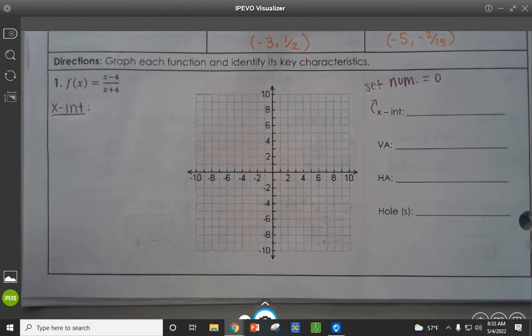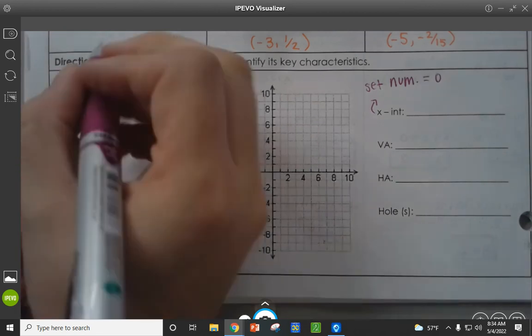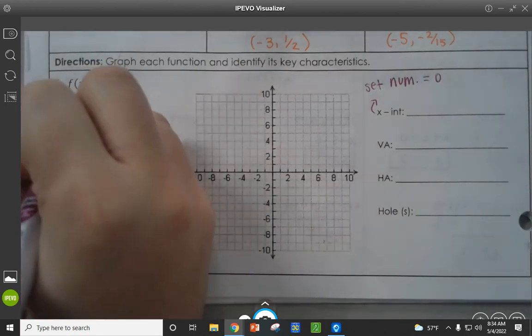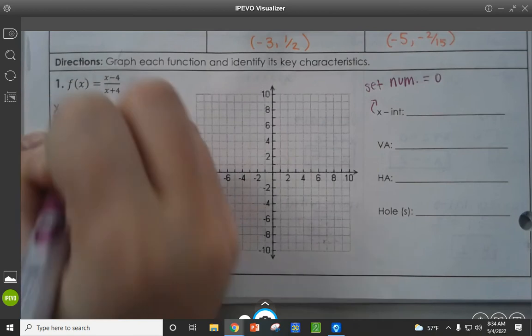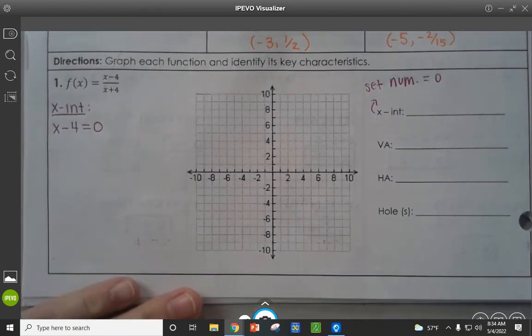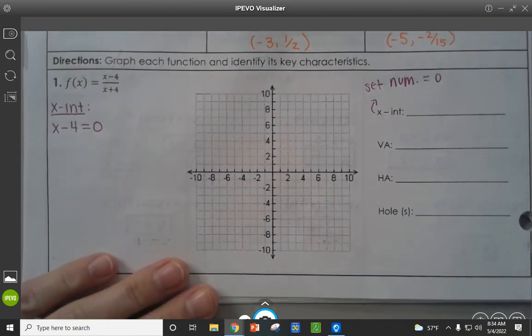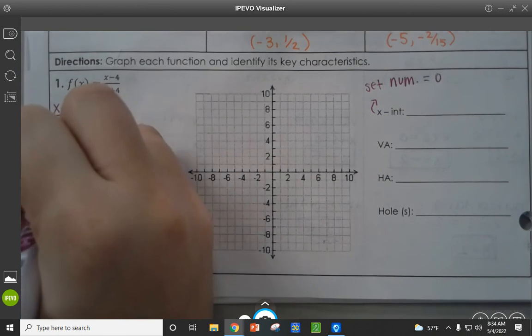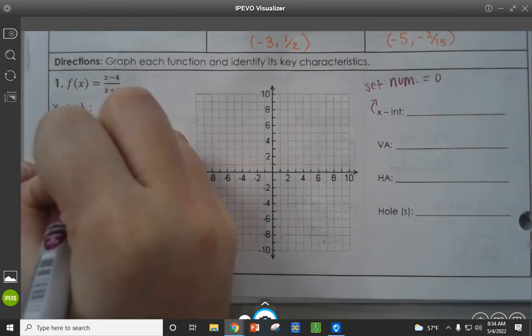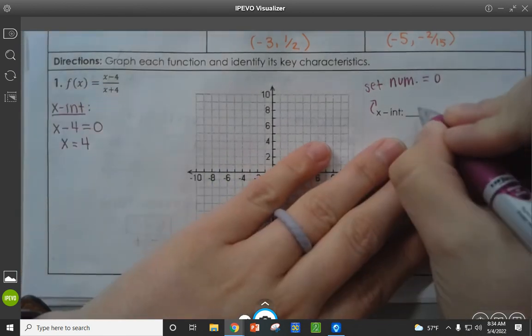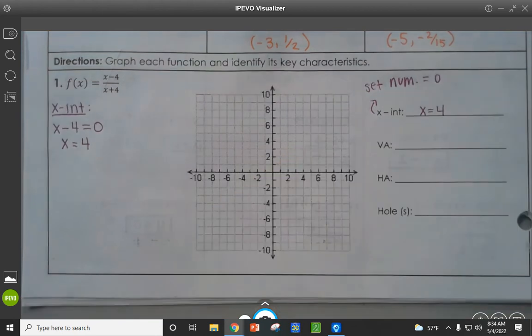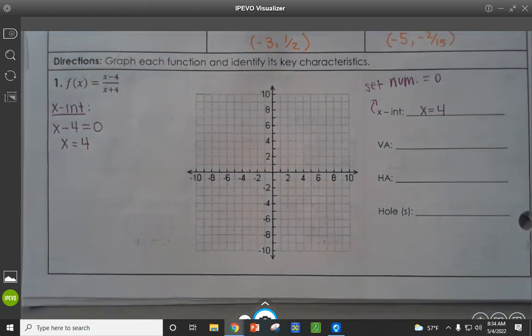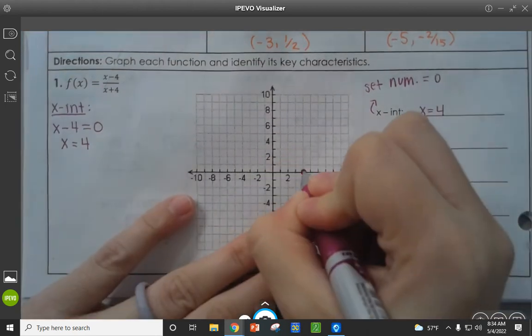There's no factoring that needs to be done in either the numerator or denominator. So I'm going to take the numerator, x minus 4, and set that equal to 0. So x equals what? 4. So this is the point where it crosses the x-axis. So I'm going to put that right there.